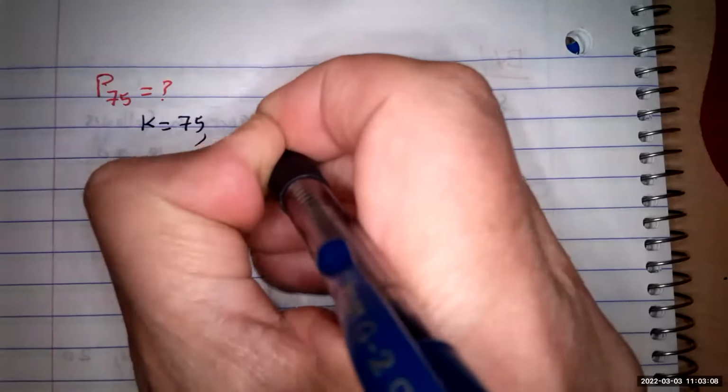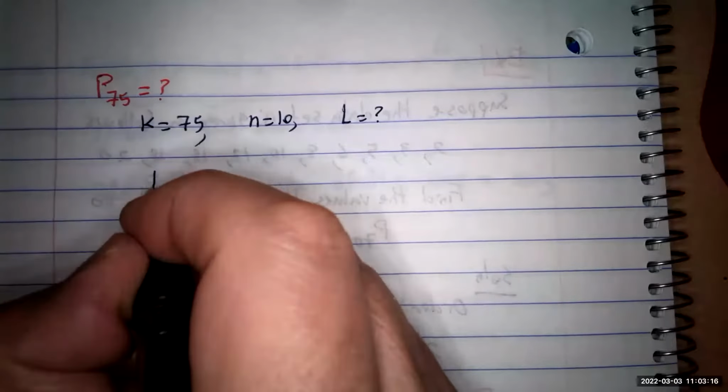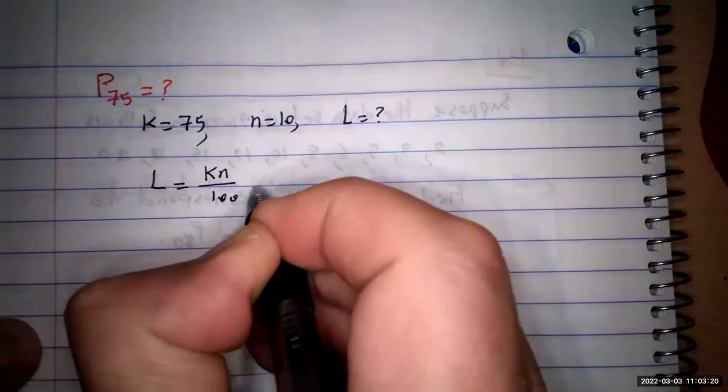So we would like to get the P75. In this case, K is 75 and N is 10, so you have to find L, the location number. The formula is L equals K times N divided by 100.